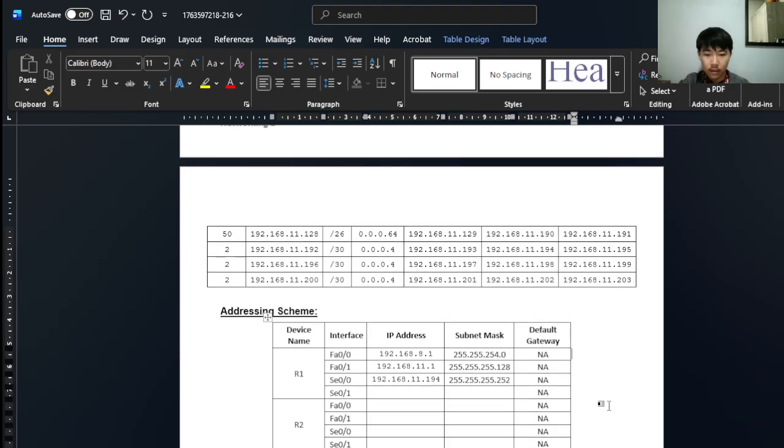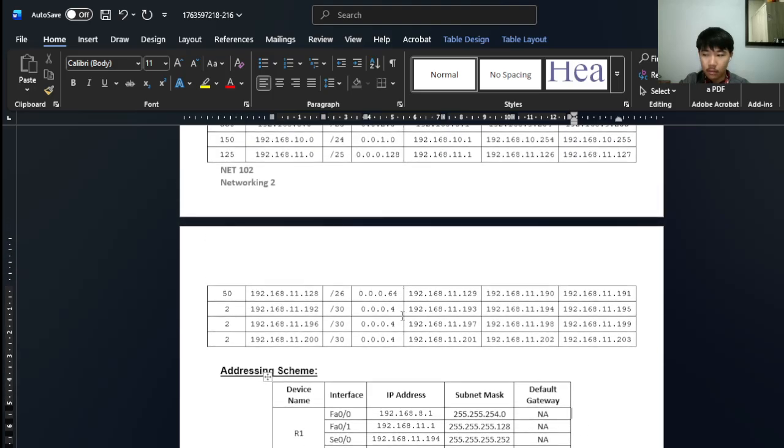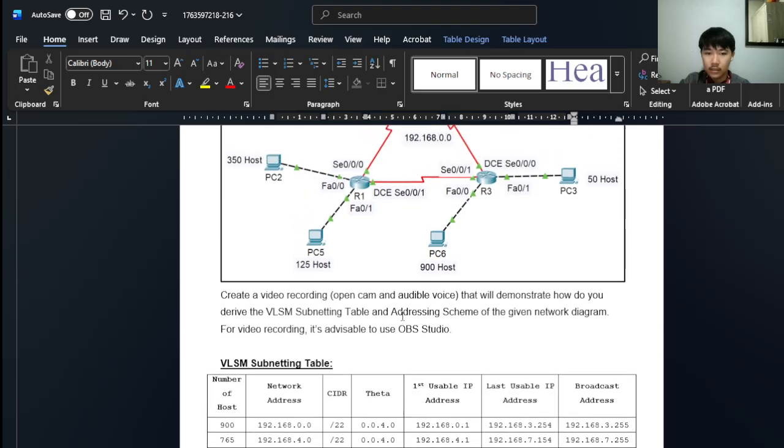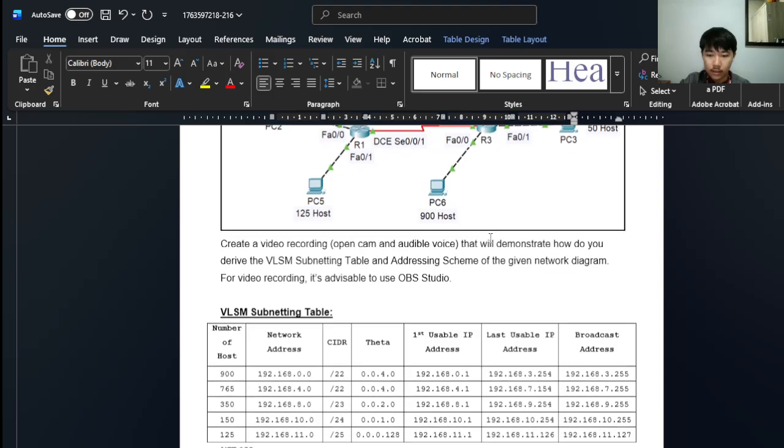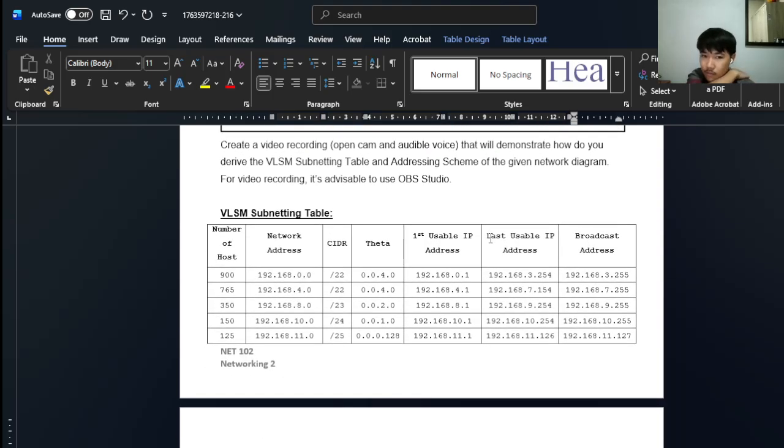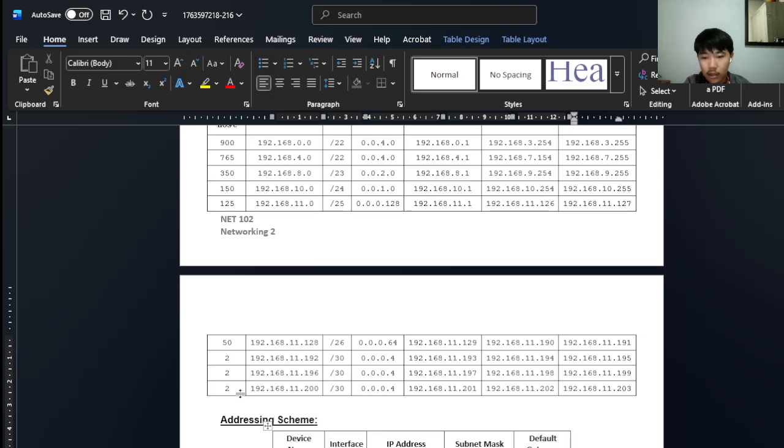For the next one is Serial 1, Serial 0/1 on Router 3.